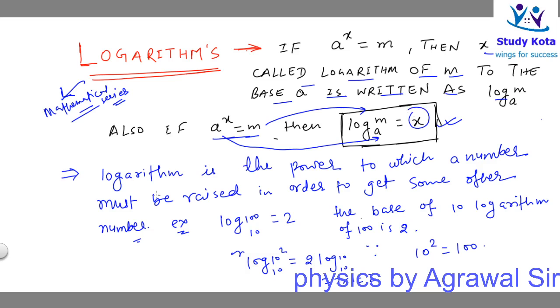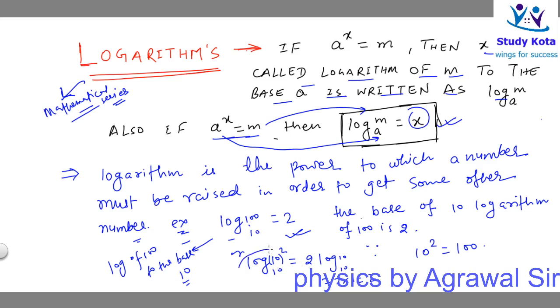x. Also, logarithm is the power to which a number must be raised in order to get some other number. For the example, if you have the logarithm value of log of 100 to the base 10, बहुत ज़्यादा पढ़ने की जरूरत नहीं है, जस्ट आप इसको रिमाइंड रखें, याद रखें. इसको हम 2 बोल सकते हैं. ठीक है, क्या मतलब है इसका, you can write 10 power 2 is also 100.